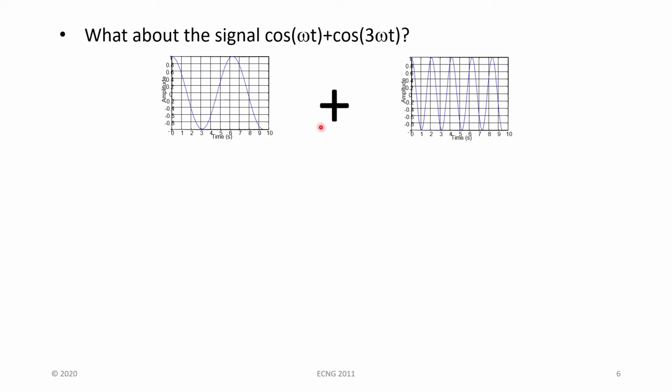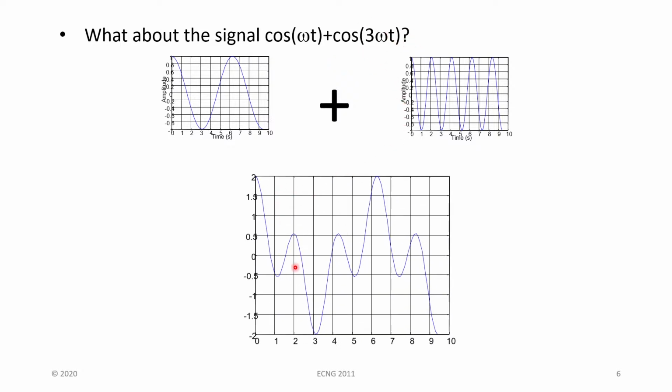When we add individual sinusoid signals with different frequencies, so we had cos of omega t and then cos of 3 omega t, in the time domain the signals mix because we basically add instantaneous values. But when we move to amplitude versus frequency, it's just a representation of the individual frequency components with their respective amplitudes.